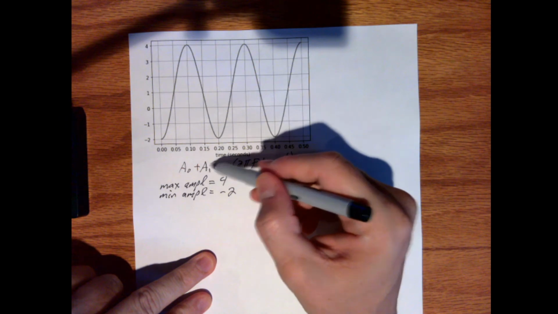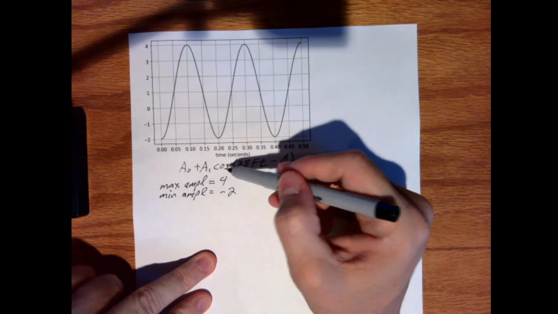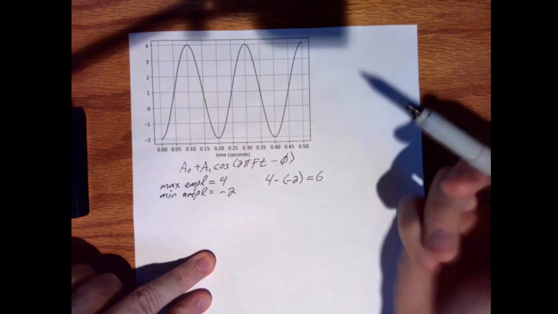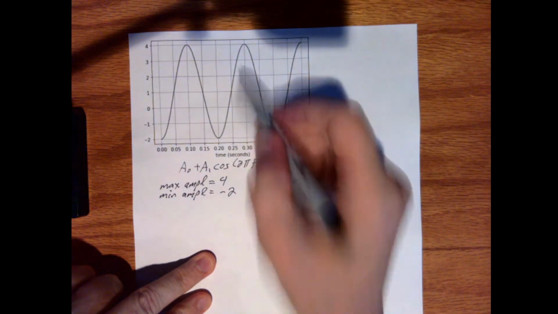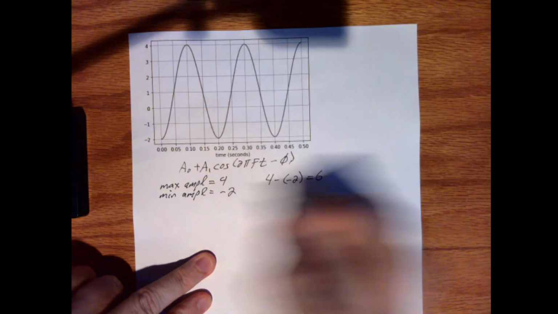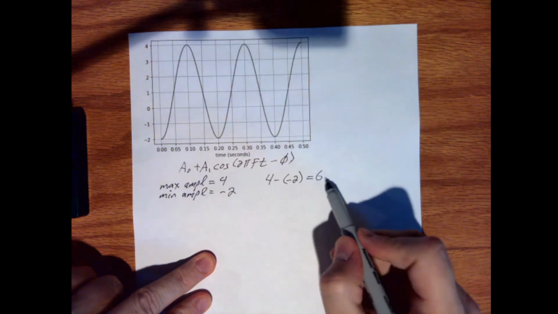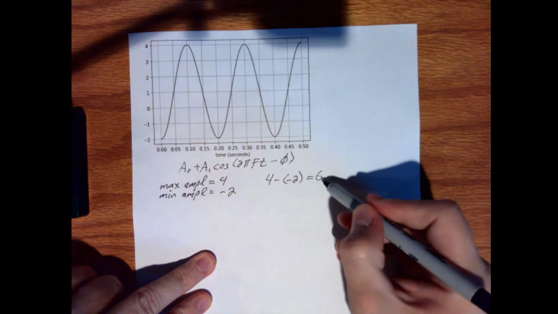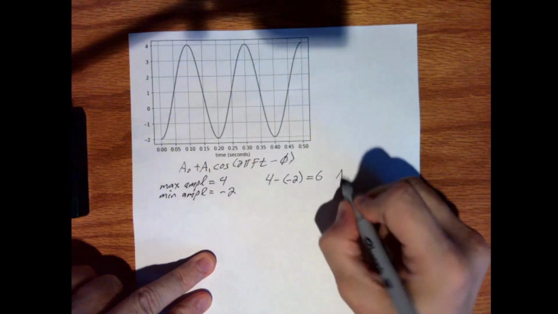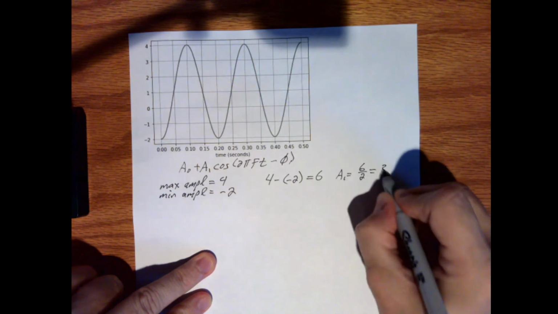So when A1 is equal to 1, well then the cosine will range from 1 to minus 1. Here it's ranging, because we have an A0 term, from 4 to minus 2. But ultimately what it's doing to cause it to go up is half of this, and coming down is also half of this. So A1 is going to be 6 divided by 2, which is 3.